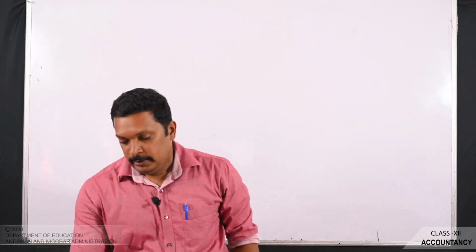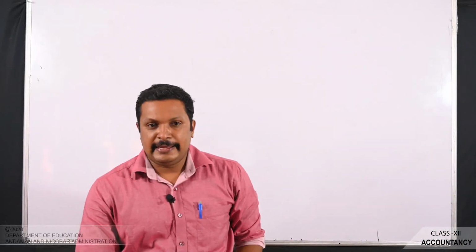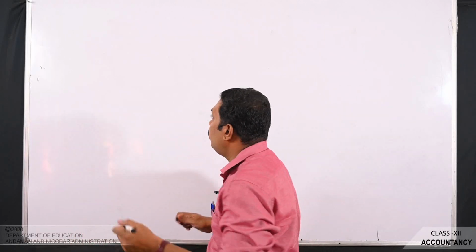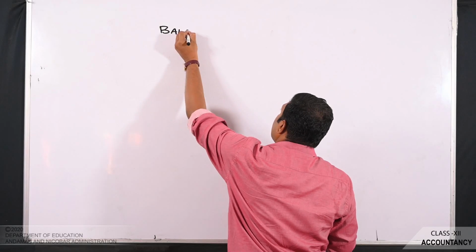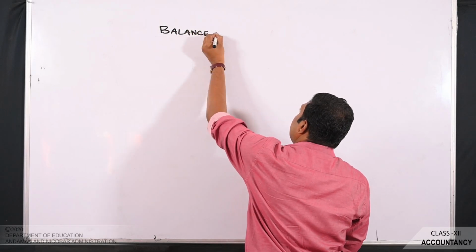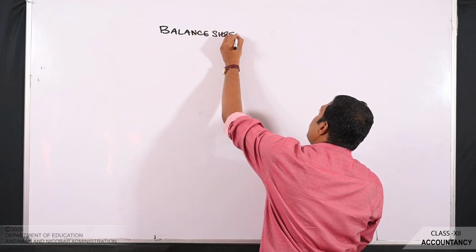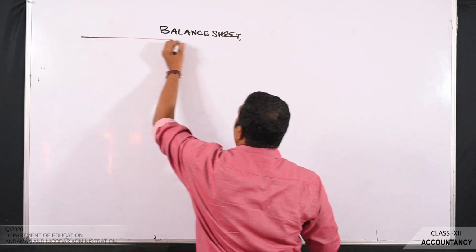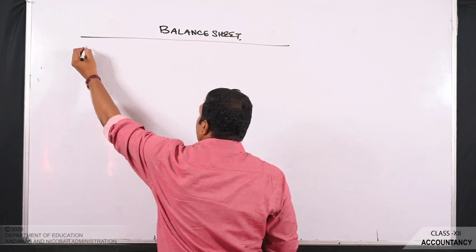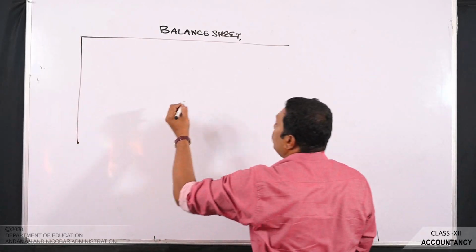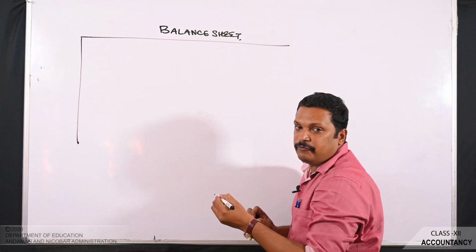You write balance sheet here. We are going to prepare it in vertical form. Normally in class 11 we prepared in a horizontal form. Now we are going to prepare in a vertical form, right?